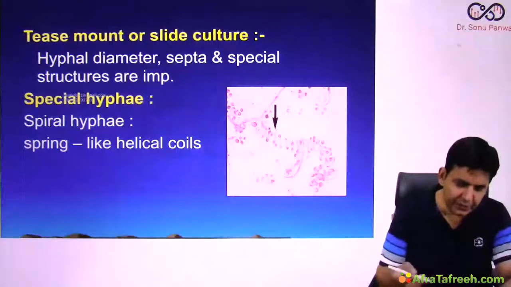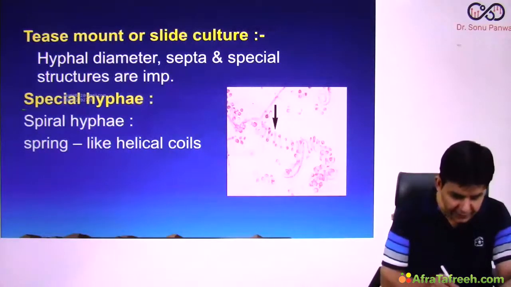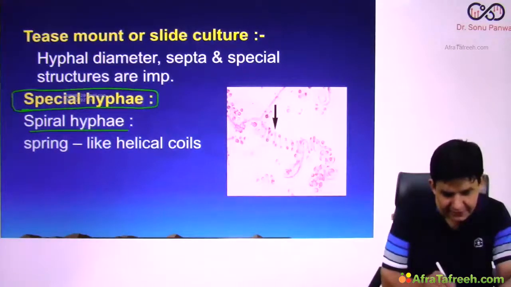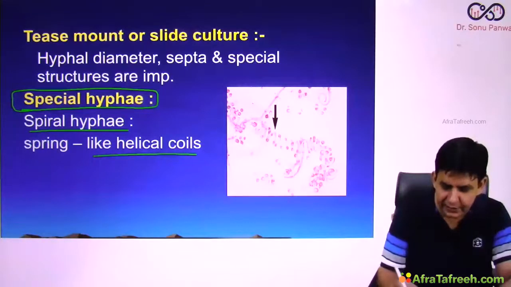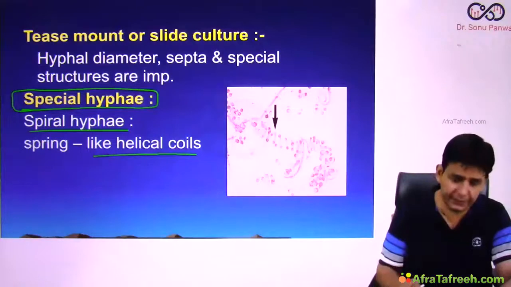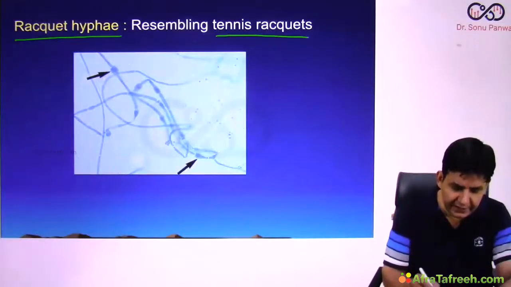Tease mount we have already talked of, slide culture we have already talked of. And remember this might come as a question, the special type of hyphae, that is spiral hyphae, like helical coils. So these special types of hyphae are also seen. This is termed as racket hyphae, resembling the tennis racket.